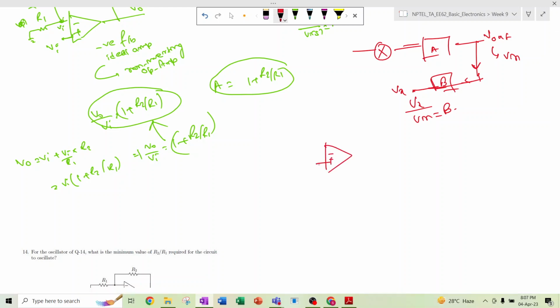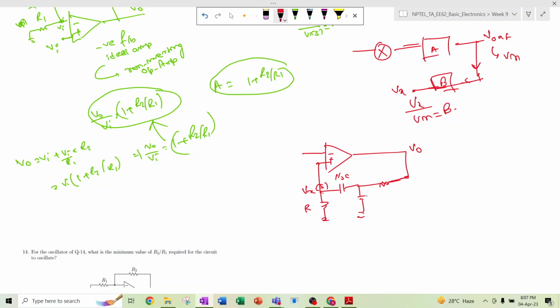Minus, plus. So this is VO, and here if we consider VXS, it will be 1 by SC, right?